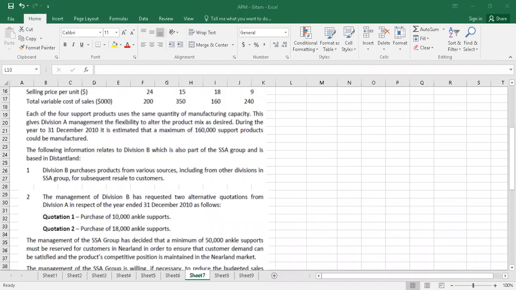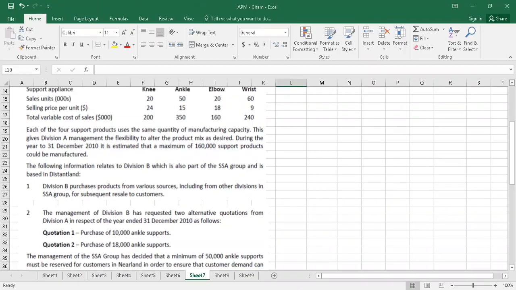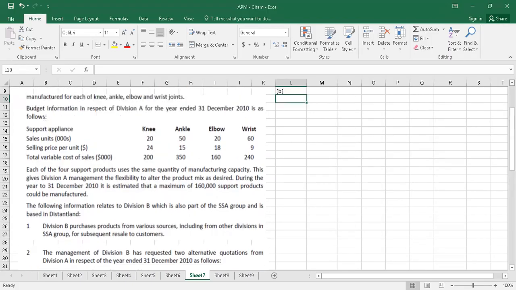So they want 10,000 units of ankle support. That's the first quotation. The second quotation is 18,000 units of ankle support. As of now, they are producing 50,000 units of ankle support and selling them to their external customers. The present selling price, the market price of ankles, is 15.